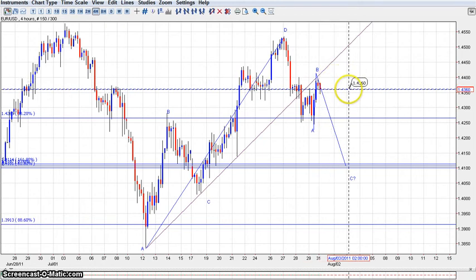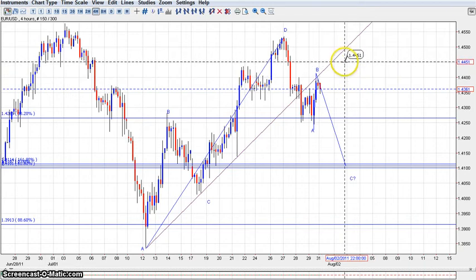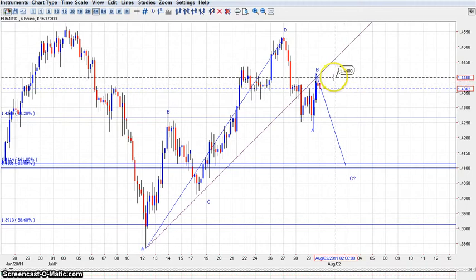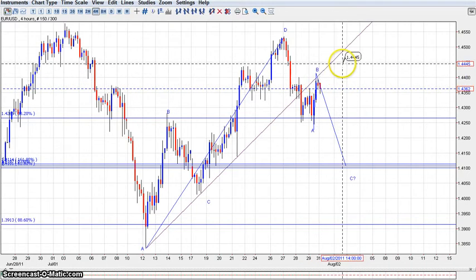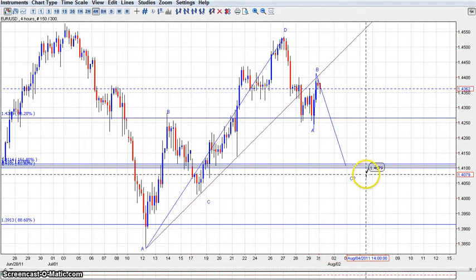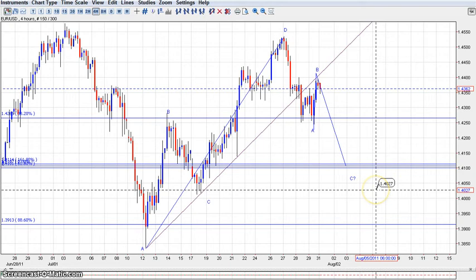I'm going short right now because I'm comfortable with this risk, 1.4450 to the price level right now, which is 1.4360. For the additional entry order at 1.4390, stop loss at 1.4450, and target is just about 1.4100. So mine will be 1.4110 for this particular trade.